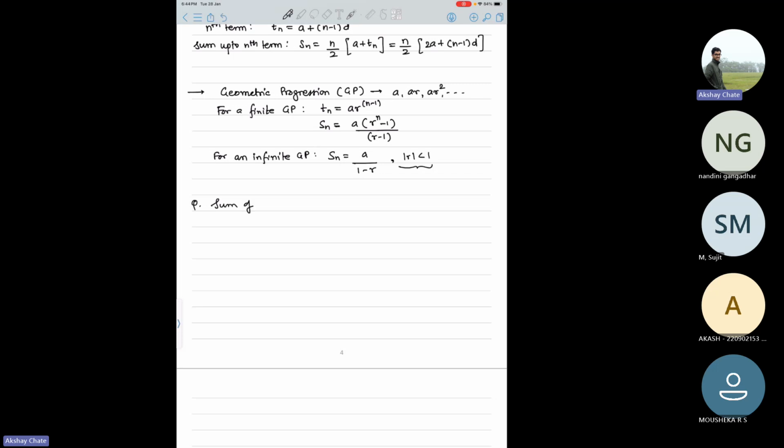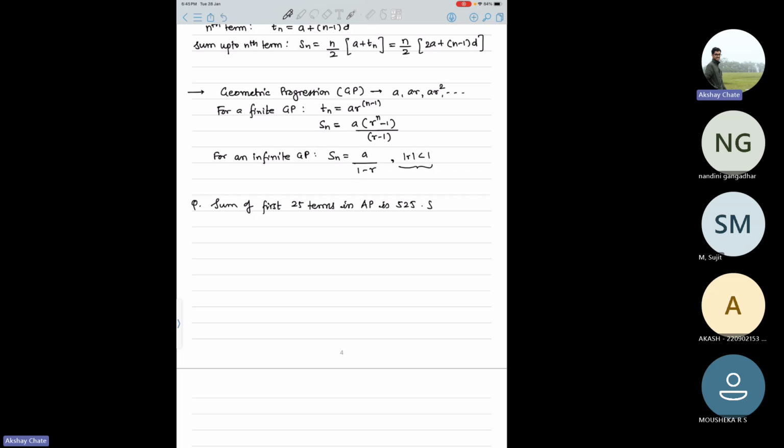Sum of first 25 terms in an arithmetic progression is 525.